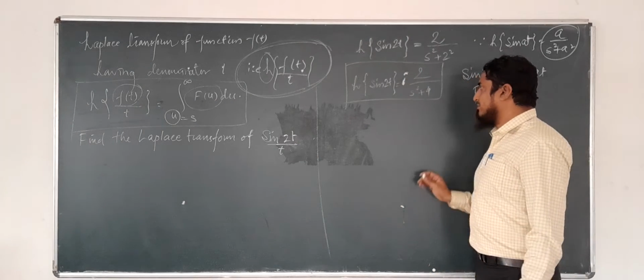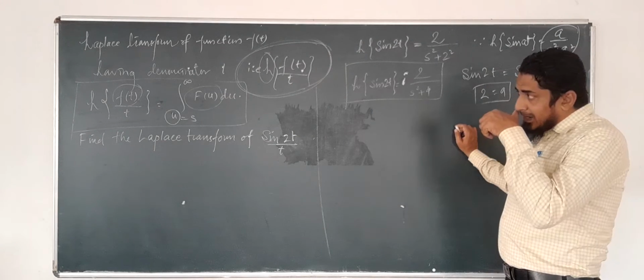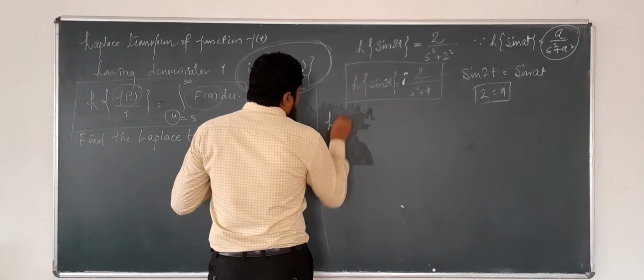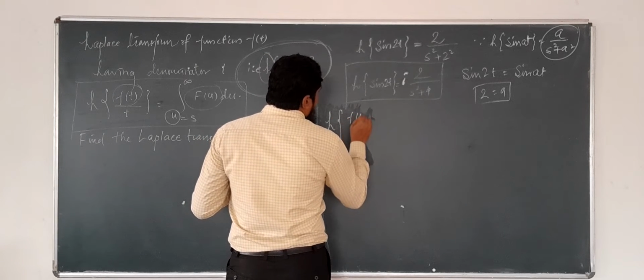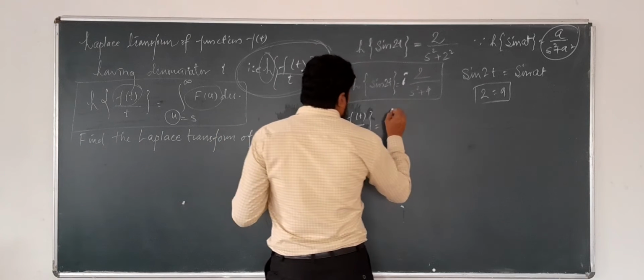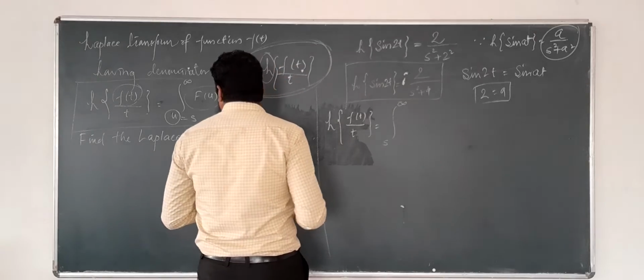Now put this value in the theorem's statement: f of t upon t is equal to the integration from s to infinity.